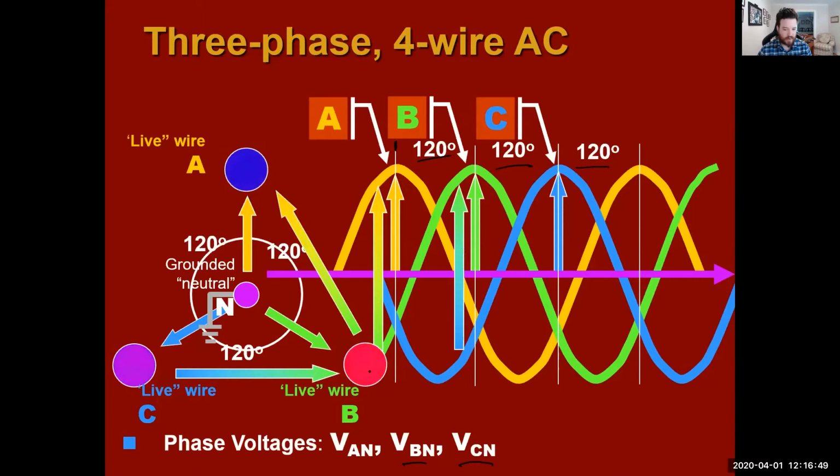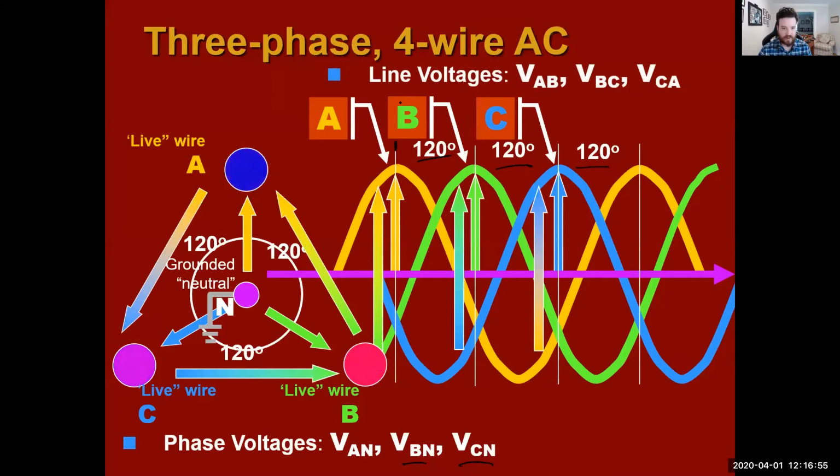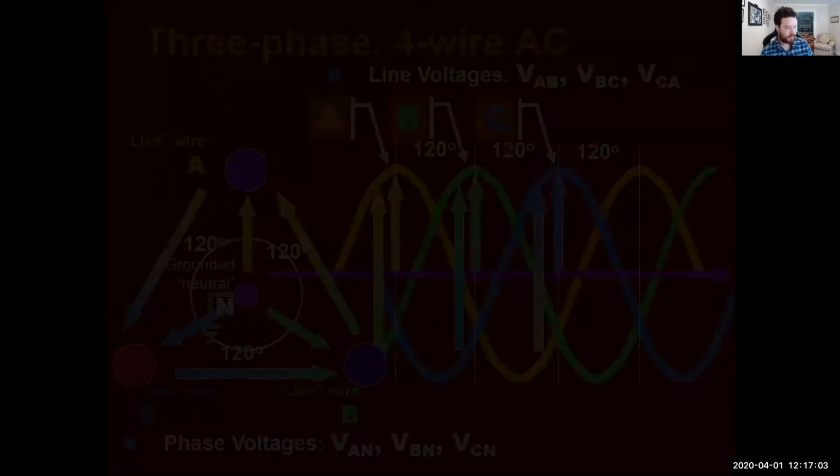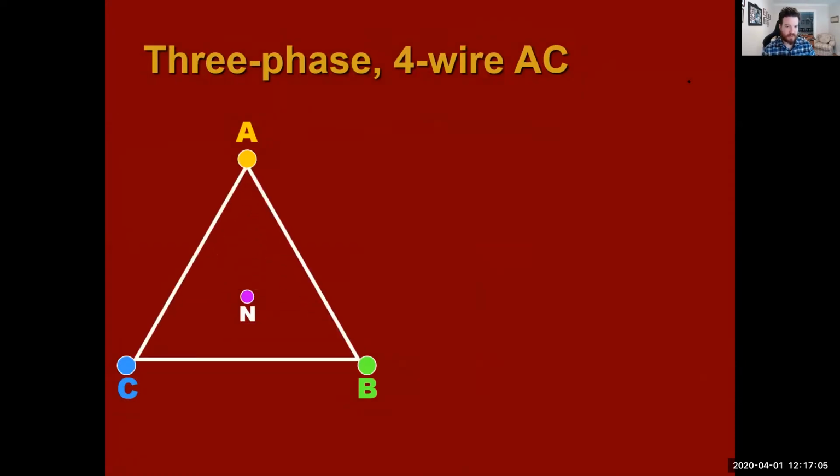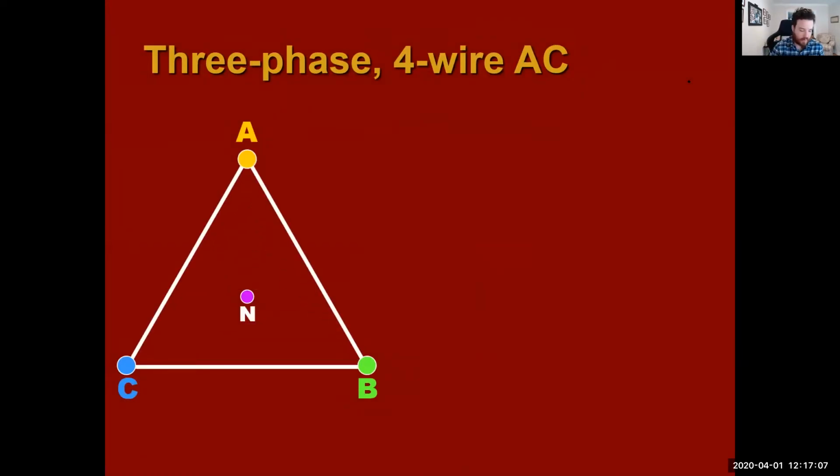But now we have also B to A, C to B, and A to C. Each one of those are our line voltages. So A to B, B to C, and then C to A. So 3-phase 4-wire.